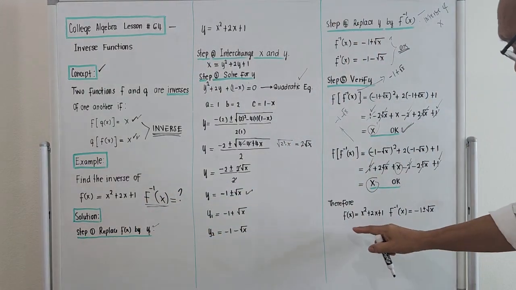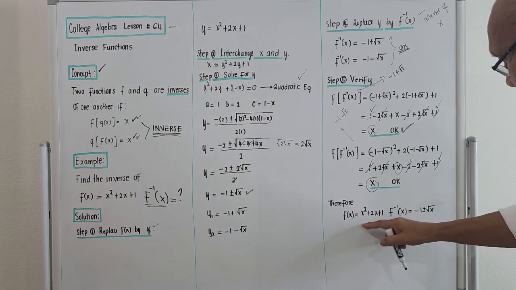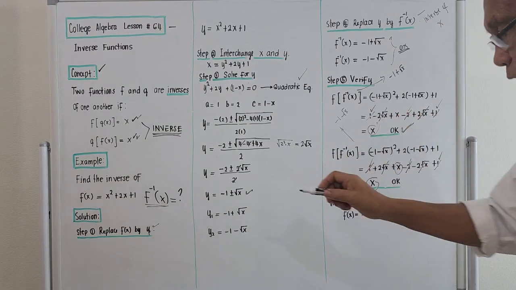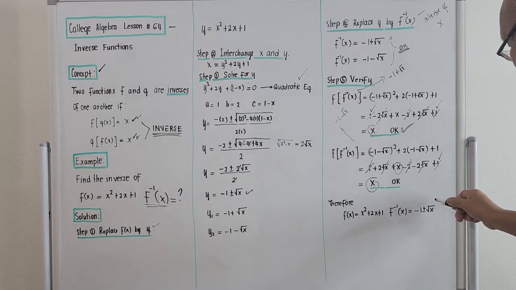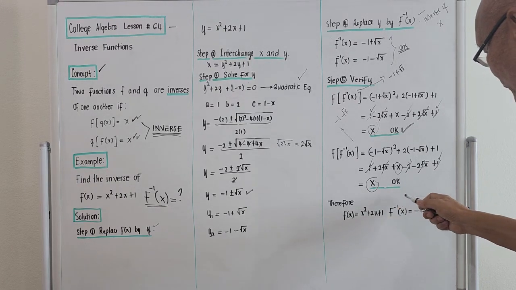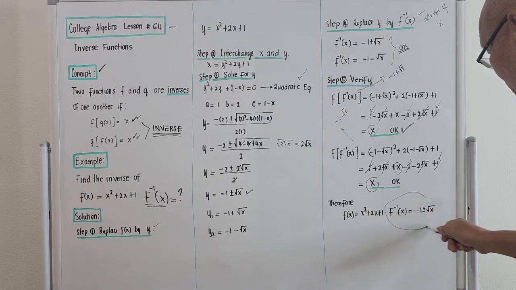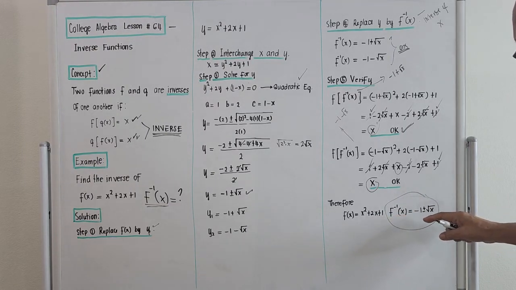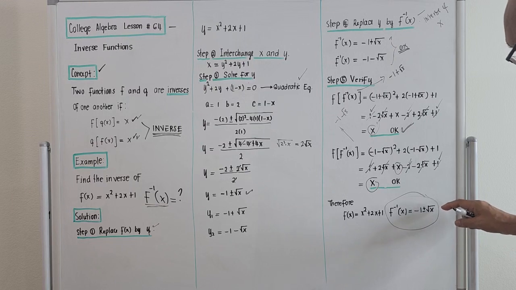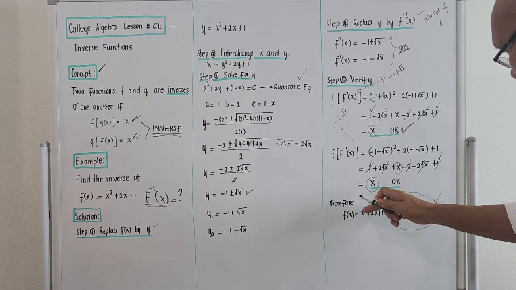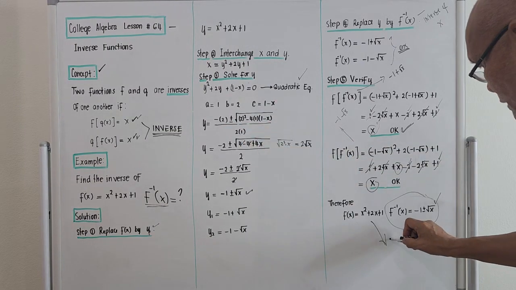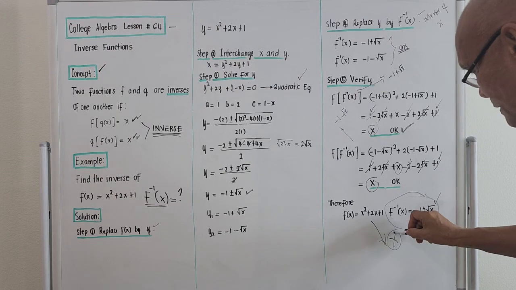Therefore, the given function f of x, which is x squared plus 2x plus 1, has an inverse function with two values. It is this: negative 1 plus or minus the square root of x. Because when these values are substituted back here, according to the concept, it should still be x.